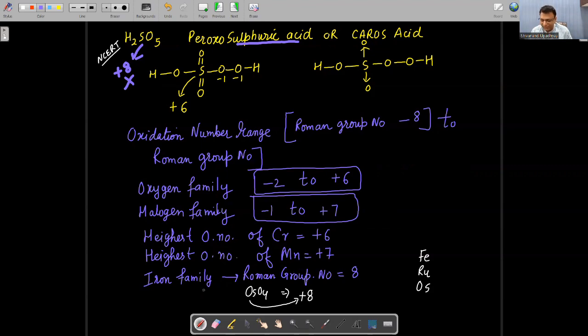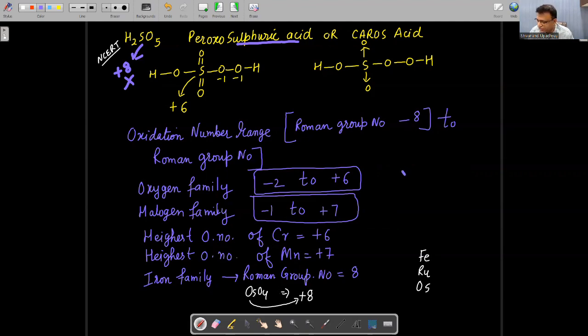In the iron family, the elements are iron, ruthenium and osmium, and it is in Roman group number 8. So osmium is in +8 oxidation state in the compound OsO4. This is the highest oxidation state of any element in the periodic table, that is osmium. It exists in +8 oxidation state.